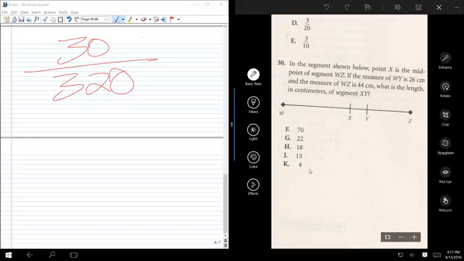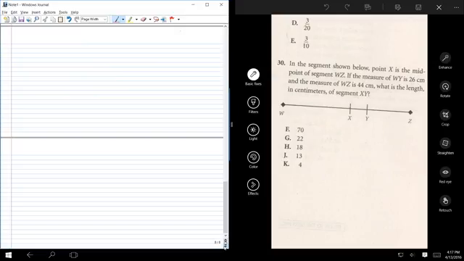This one's a little bit tricky. Not tough, but a little tricky. Draw the line here. They love these problems on the ACT, where you have line segments.